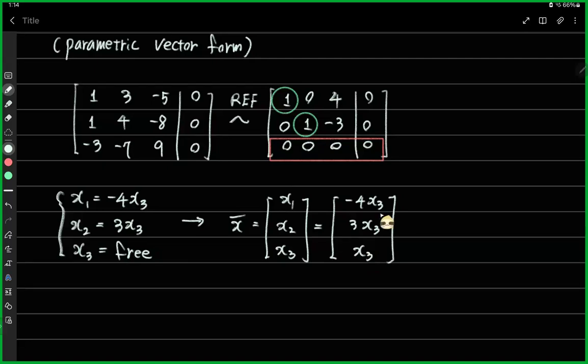So the entries in the solution vector I want to rewrite in terms of x3, the free variable. Factoring out x3 because x3 is a common factor, we get -4, 3, and 1, like this. So this is called the parametric vector form of the solution.